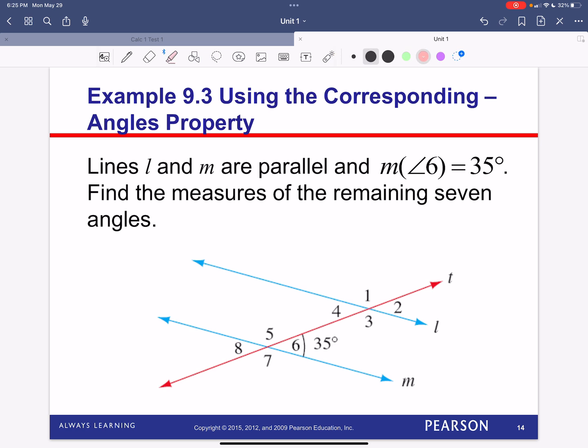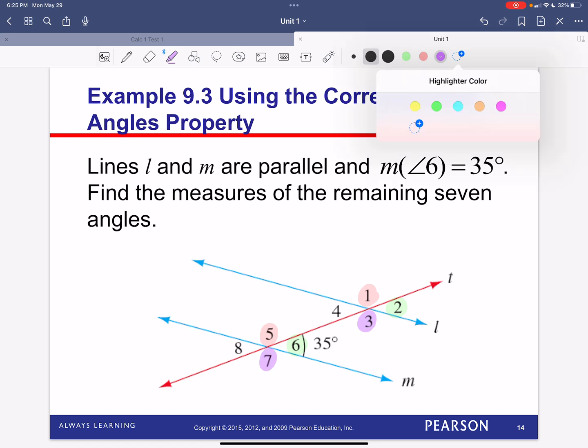So 1 and 5 are corresponding angles, 2 and 6 are corresponding angles, 3 and 7 are corresponding angles, and 4 and 8 are corresponding angles. That means their measurements are the same.